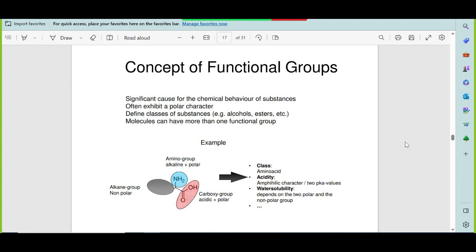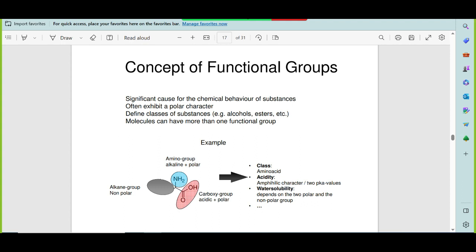So this is what characterizes a specific group. It's the functional group that it has, and these functional groups normally exhibit a polar character, which means it can be soluble in water. Molecules can also have more than one functional group.